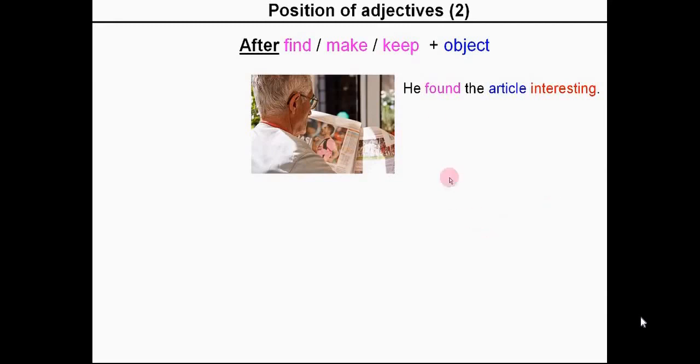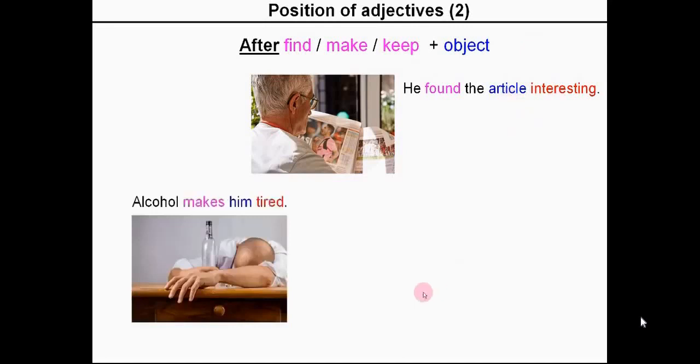So here we have the verb find in the past simple. Article is the object of the sentence, and this is the adjective. So the adjective here is in fact describing the article, which is the object of the sentence. Okay, it is not the subject this time, this is the object.